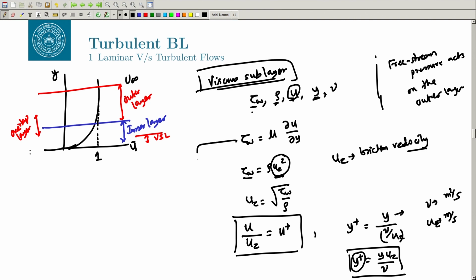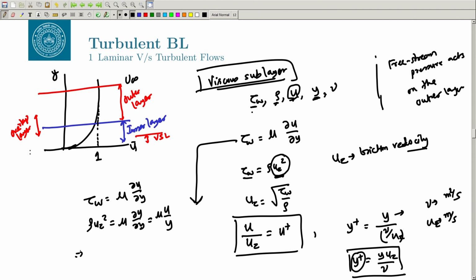If you write all this in terms of this, your tau w is equal to mu del u by del y. So, you can write rho u tau square is equal to mu del u by del y, and then you can make the argument that because it varies linearly, you can just write mu u by y, because we are talking about the layer very close to the body.